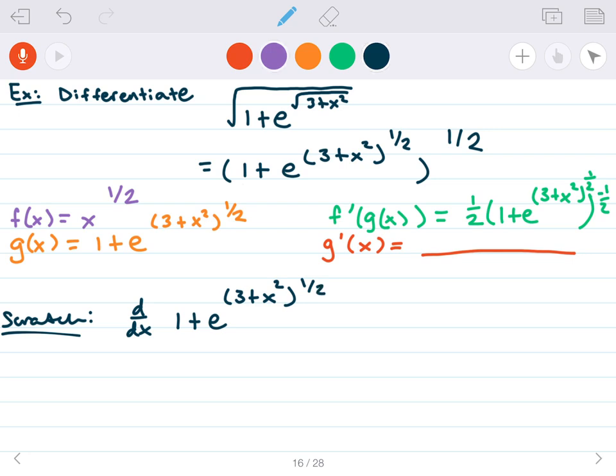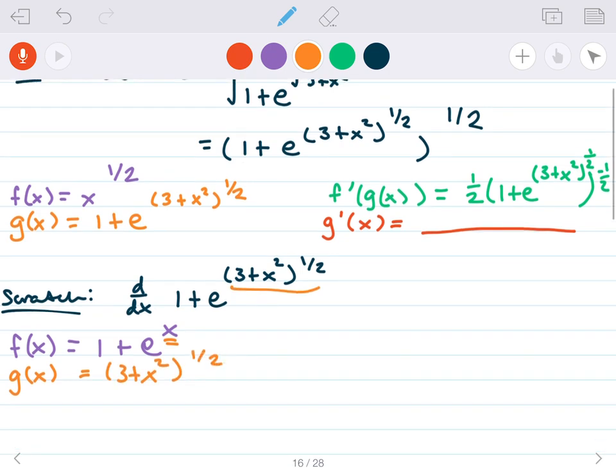Now I need to identify my outer and my inner functions. What can I take the derivative of is my outer function. Well, I can take the derivative of 1 plus e to x. And what do I plug in for x? That's g. I'm plugging in 3 plus x squared to the 1/2.